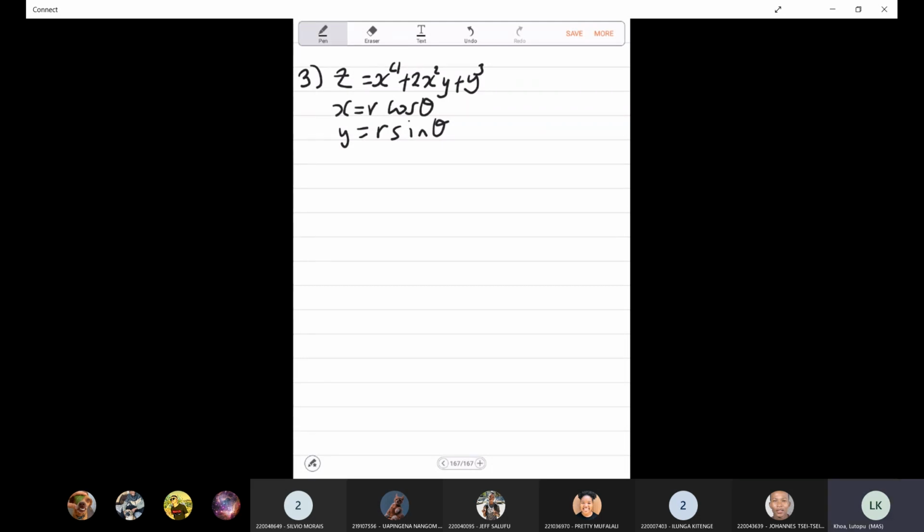Okay, so doing that, z with respect to r, first I must differentiate this with respect to x, so that is 4x to the power of 3 plus 4xy, and then I multiply by x differentiated with respect to r, which is cos theta.